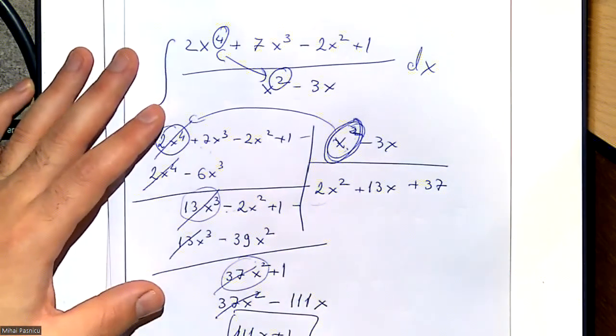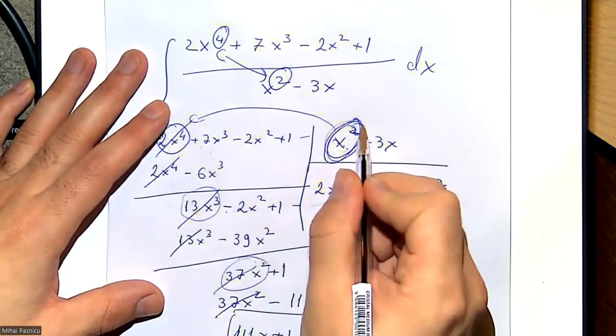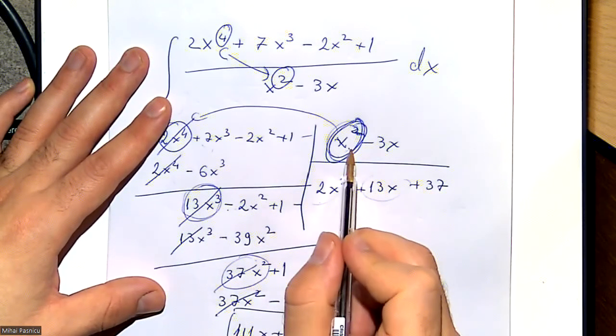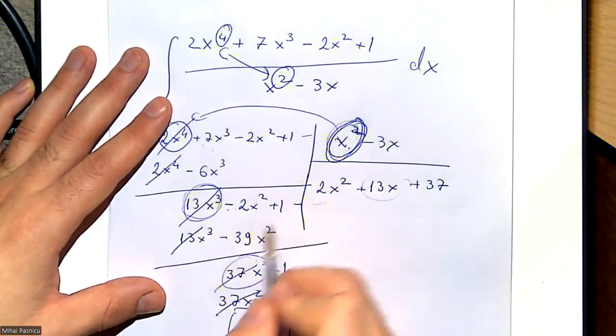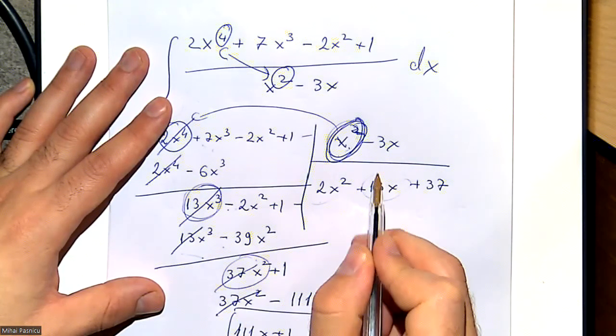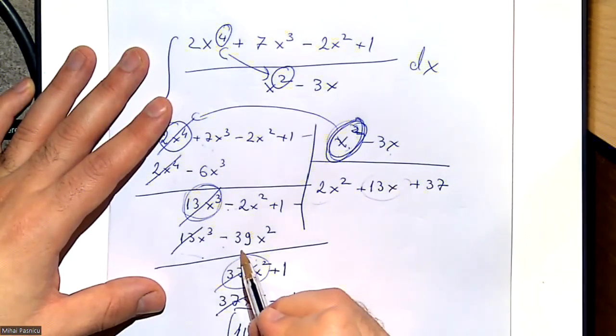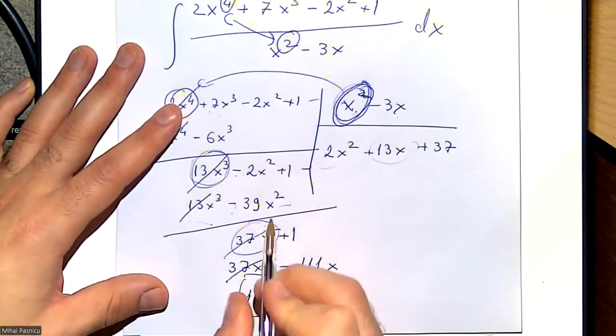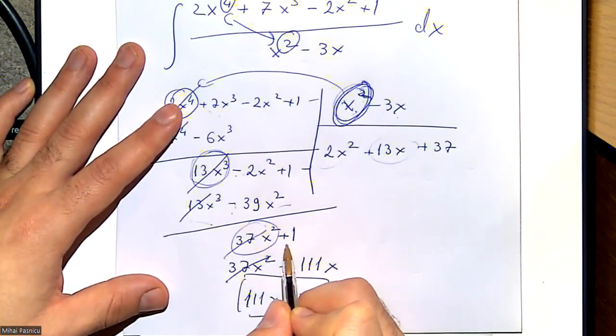Good. Now, same logic. X squared, 13x to the 3rd, that is 13x. And I get 13x third minus 13x times 3x, 39x squared. Minus, that's plus. So I get 37x squared plus 1.